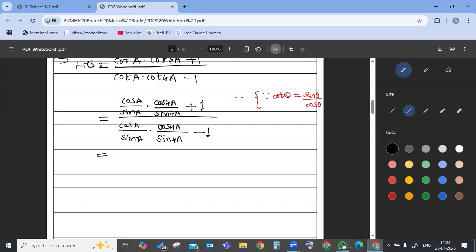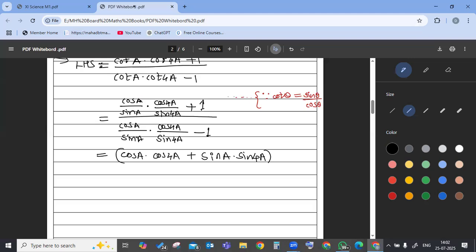Then by cross multiplication and simplifying it further, we get cos A into cos 4A plus this 1 has denominator 1, so in the numerator we get sin A into sin 4A.